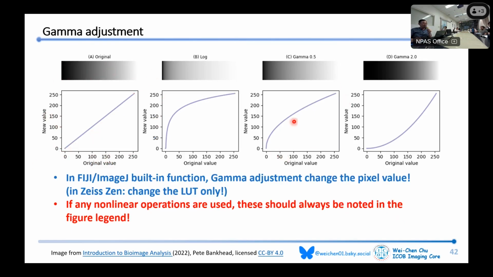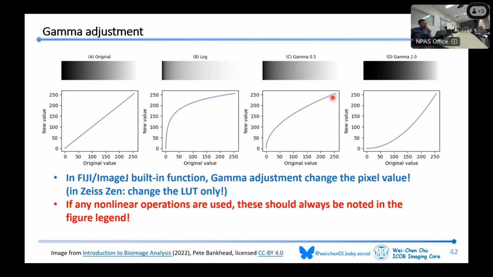If we apply a gamma, then the brightness and contrast is non-linearly adjusted. So the original dimmer part will become brighter, but the bright part does not change so much. So this can enhance the weak signal part, but not so much on the bright part.